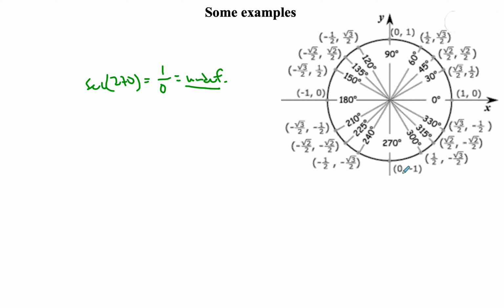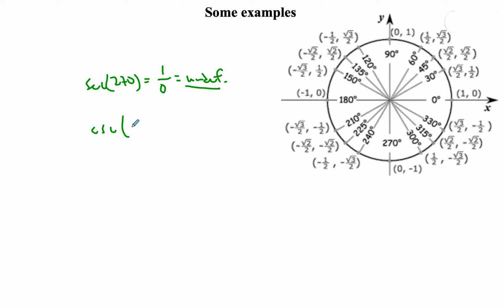So that does happen, so be aware of that. On these certain cardinal points, 0, 90, 180, 270, you may end up with angles that have undefined secants or cosecants, okay? Also, I'm finding the cosecant, so I know that's going to be 1 over the y value, the reciprocal of the sine.